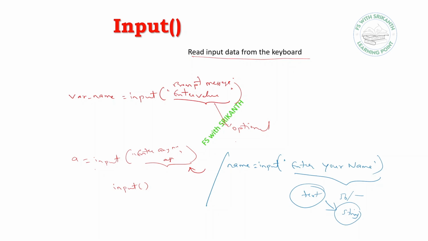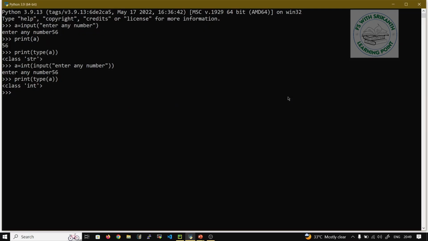If we are not prompting anything, by default it is still allowed. Suppose a = input() and we are not prompting any message here, how does it respond? Observe, abc = input(). It is waiting, but we don't have any message.